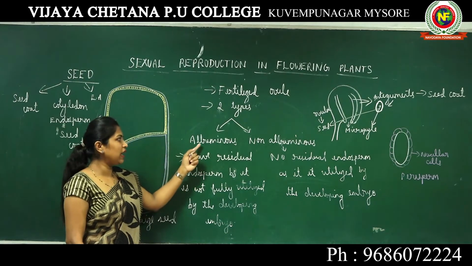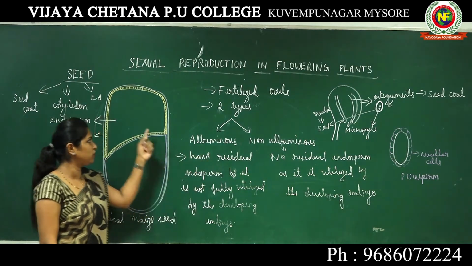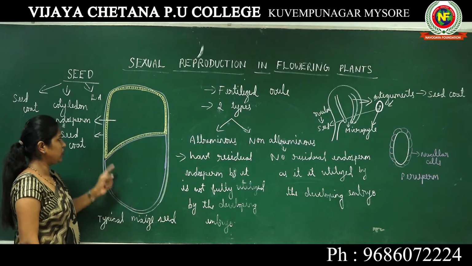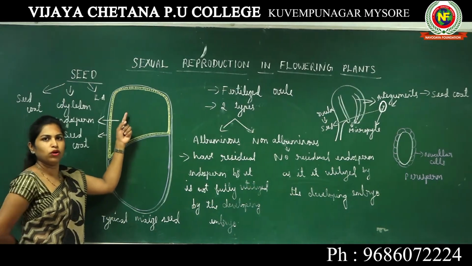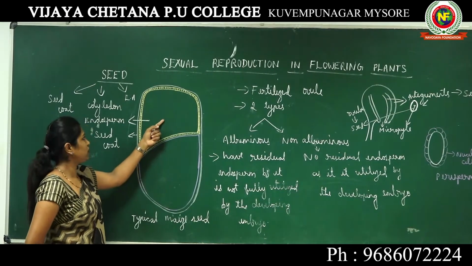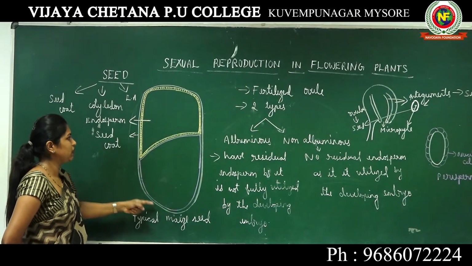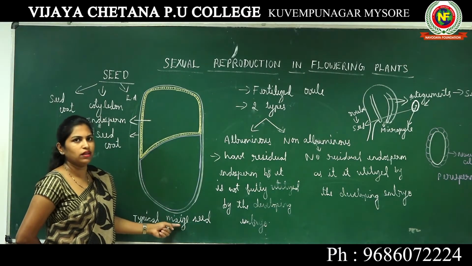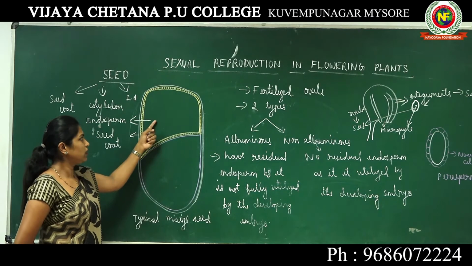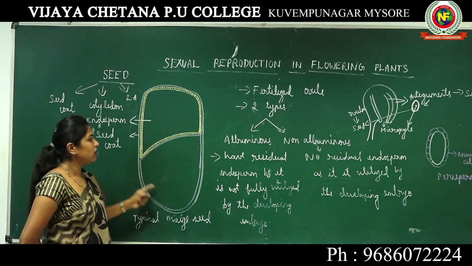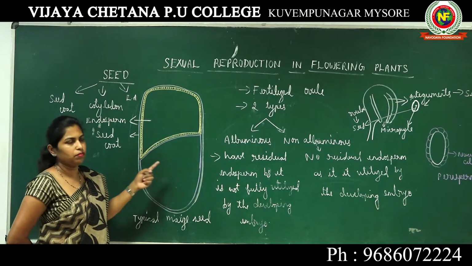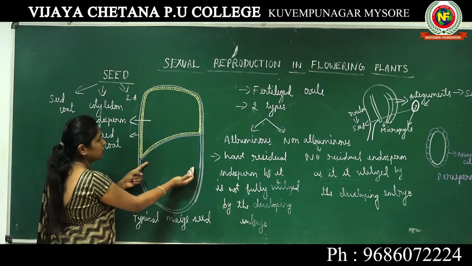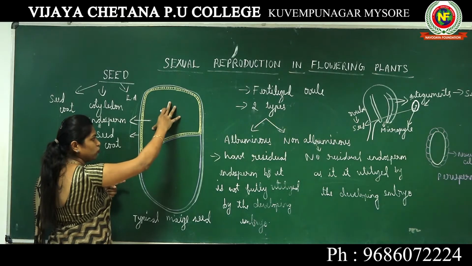We call them albuminous seeds because they have residual endosperm. Inside the seed still there is some amount of endosperm. This is the reason we call the seed an albuminous seed. So a maize seed can be called an albuminous seed because it has residual endosperm still present inside the seed.